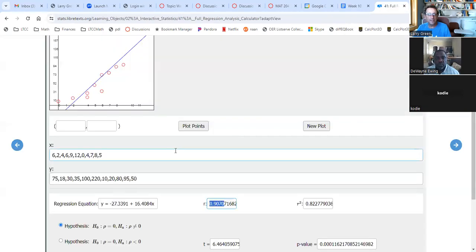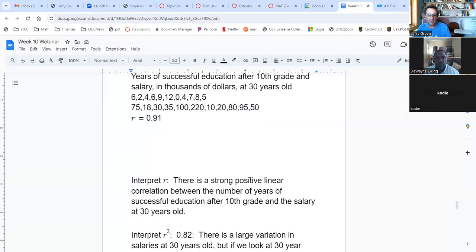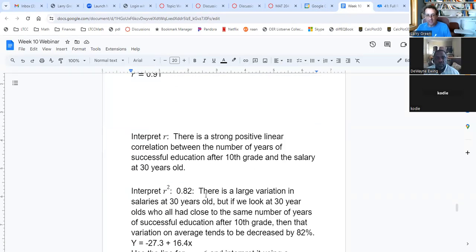Okay, R squared was about 0.82 or 82%. So we could say there's a large variation in salaries at 30 years old. If you look at all the people who are 30 years old, some make a lot of money, some don't make much money.